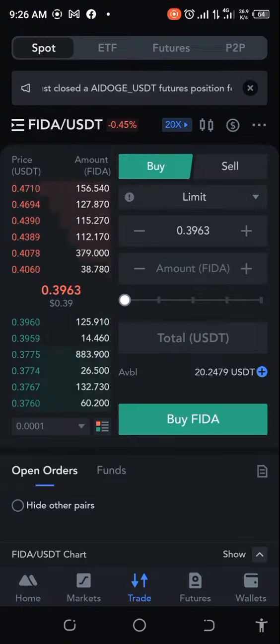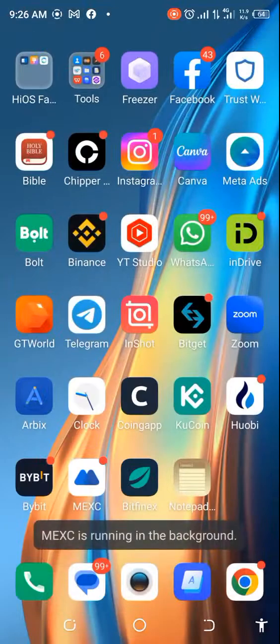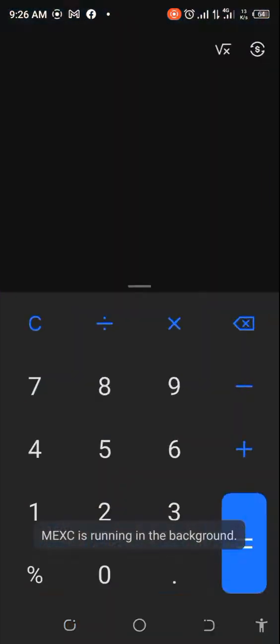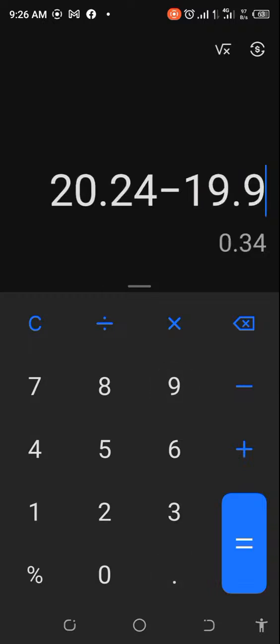So by going all the way, let's calculate what we've got. We have 20.247, let me just remove the 7 there, even though it's almost 25. So let's say 20.27 minus 19.97.